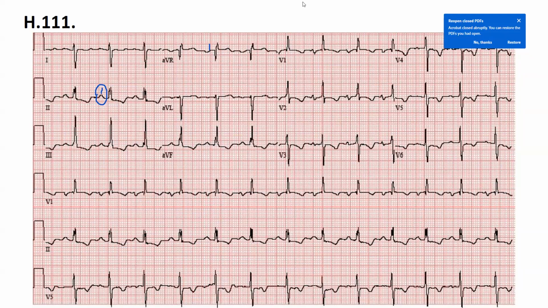And then this is followed by QRS. The PR is less than 0.2 seconds as well, so it's normal. After that, it's QRS. It's not wide, so it's also normal.